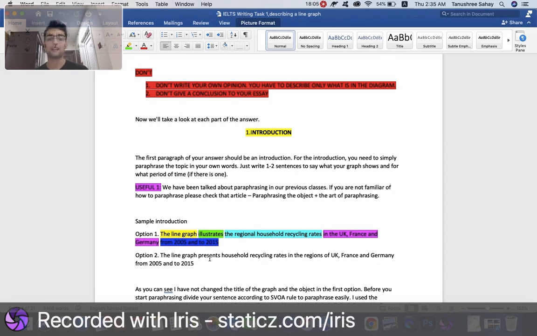What I did, I chose to write household recycling rates in the regions of UK. Instead of saying the regional household recycling rates, I chose to write household recycling rates in the regions of these countries.